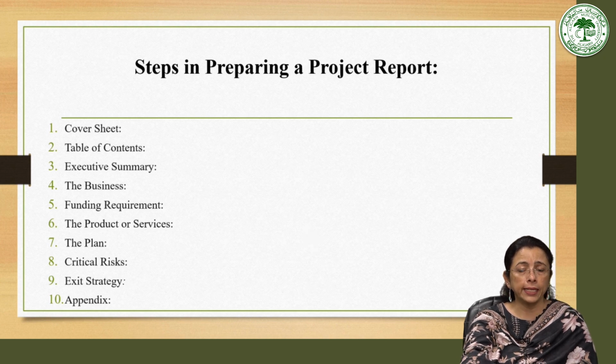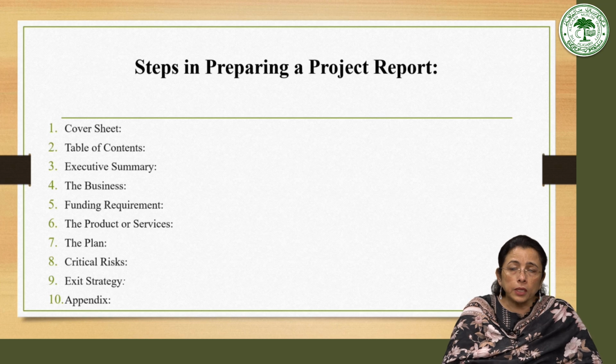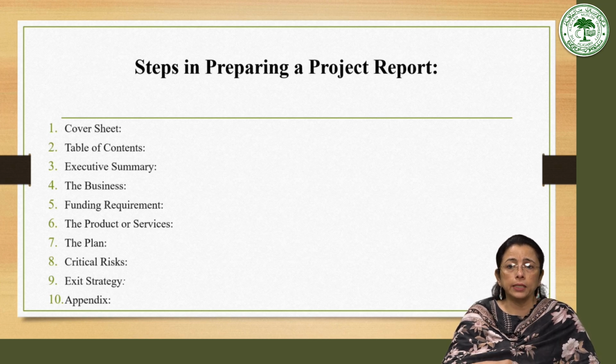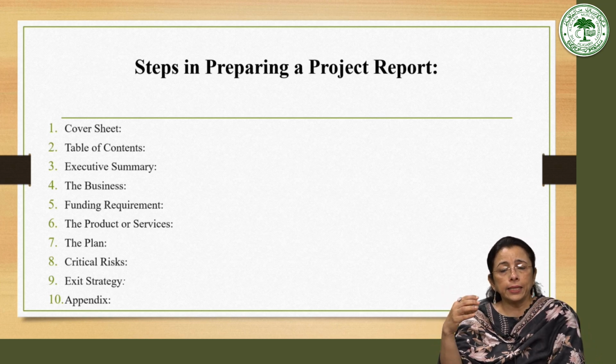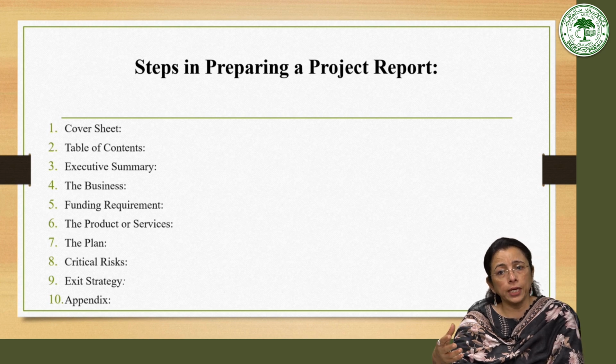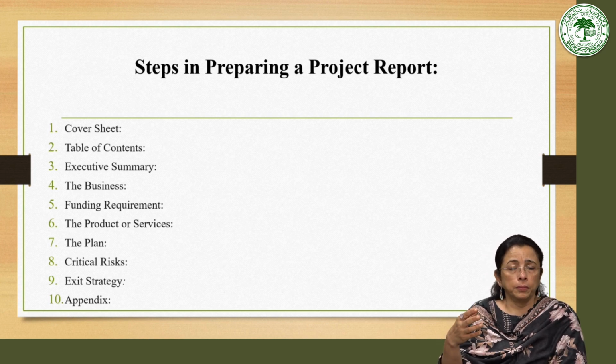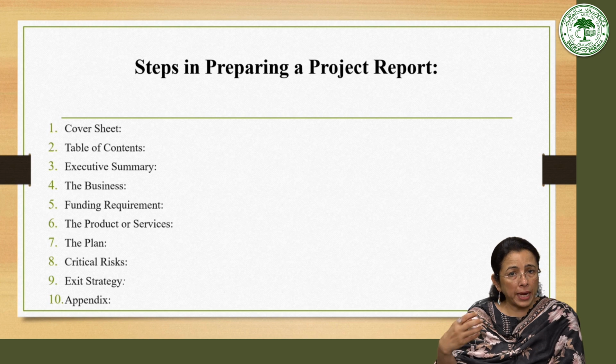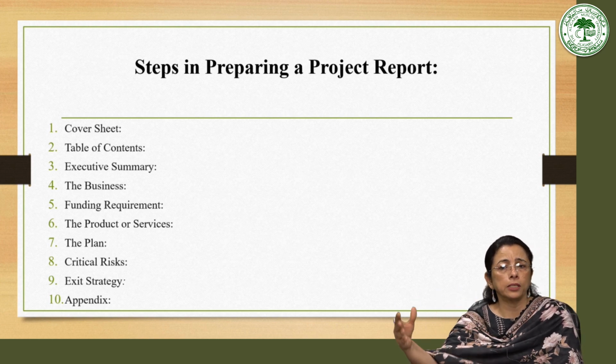After that, the next is the table of contents. The table of contents is like the table of contents given in any book. That is, it guides the person reviewing the project report to the desired section quickly, because maybe it is done page wise or alphabetical wise, or maybe content wise, how they are placed.